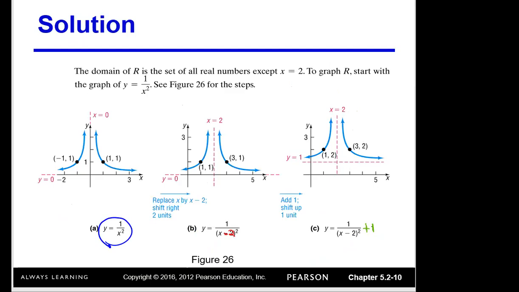It's now approaching that vertical line of x is equal to 2. Remember, all vertical lines are always x is equal to wherever it's crossing the x-axis, which in this case is right here at 2. And then the horizontal asymptote would be wherever it's crossing the y-axis, which was y equals 1. All right. So that's just an example of asymptotes.